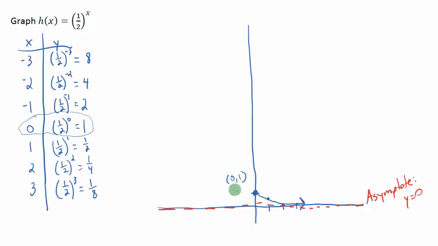And then as we move to the left, whenever x is -1, y is 2. Whenever x is -2, y is 4. And whenever x is -3, y is 8. So this graph, if you kept going, if x was -4, you get 16. And so the graph here increases exponentially as you move to the left.